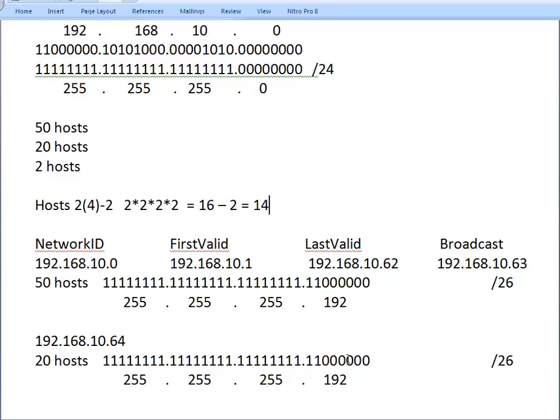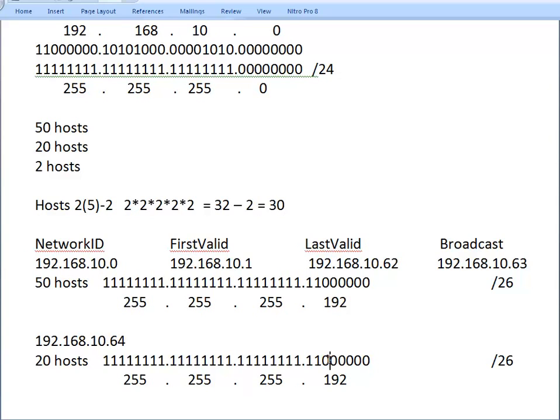So what if I reserve 5 zeros? Times 2, this will be 32, minus 2, this will be 30. Okay, that's enough. We need 5 zeros.